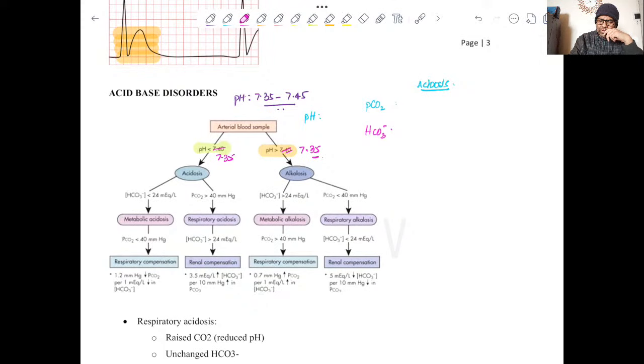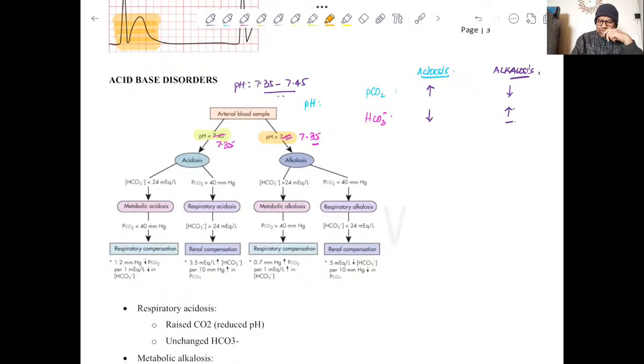So if we say acidosis, or if we say alkalosis, in acidosis either CO2 will be high or bicarbonate will be low, and converse like this. Clear? So this is how we can get alkalosis or acidosis.